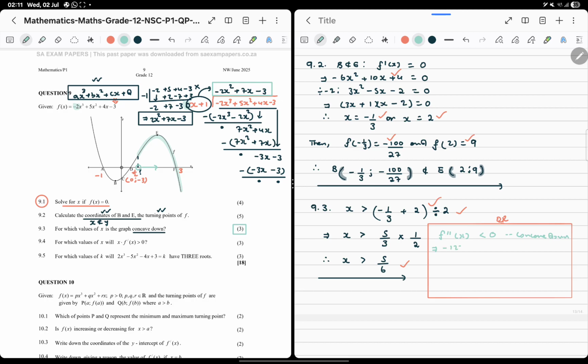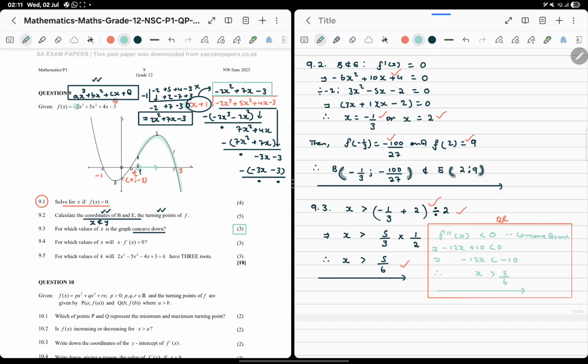So we get minus 12x plus 10 is less than 0, which implies that minus 12x is less than minus 10. Therefore, we'll see that x, the sign changes when we divide by negative. So 10 over 12, 2 goes 5 times, goes 6 times. There it is.